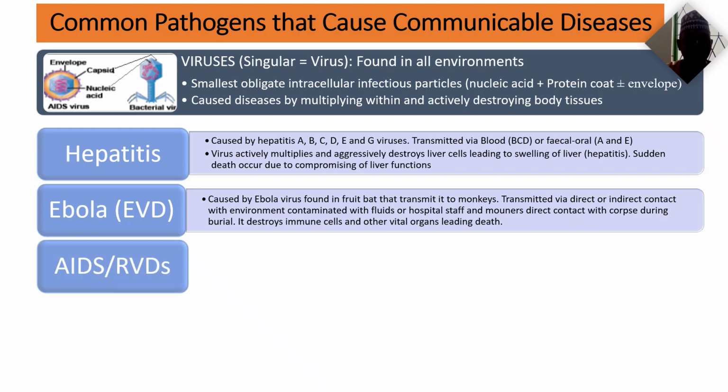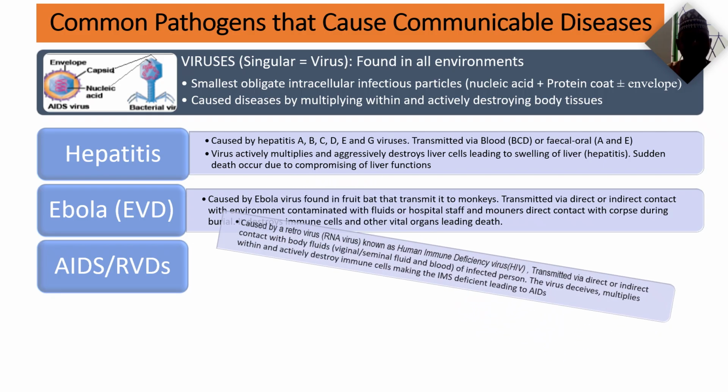Now, the next type of common viral disease in the environment is acquired immune deficiency syndrome. This is a general name referred to diseases that occur as a result of deficiency in the immune system. The immune system has become deficient, and as a result, multiple syndromes occur in the body. That is why the disease is called acquired immune deficiency syndrome.